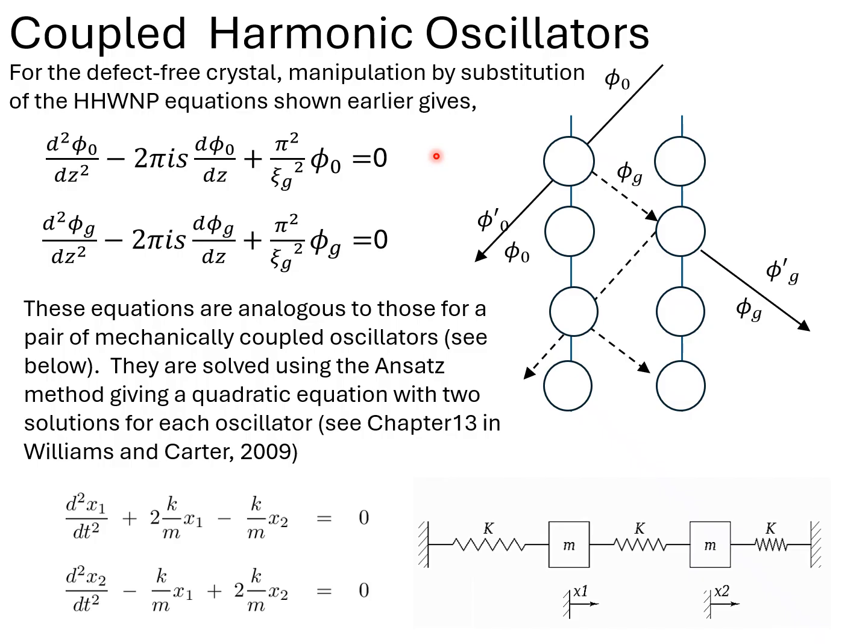By manipulation, by substitution of the Hirsch-Howie equations, it's possible to create a differential equation for each wave, for the amplitude of the direct wave and for the amplitude of the scattered wave. And these equations are analogous to what you would get from a coupled oscillator.